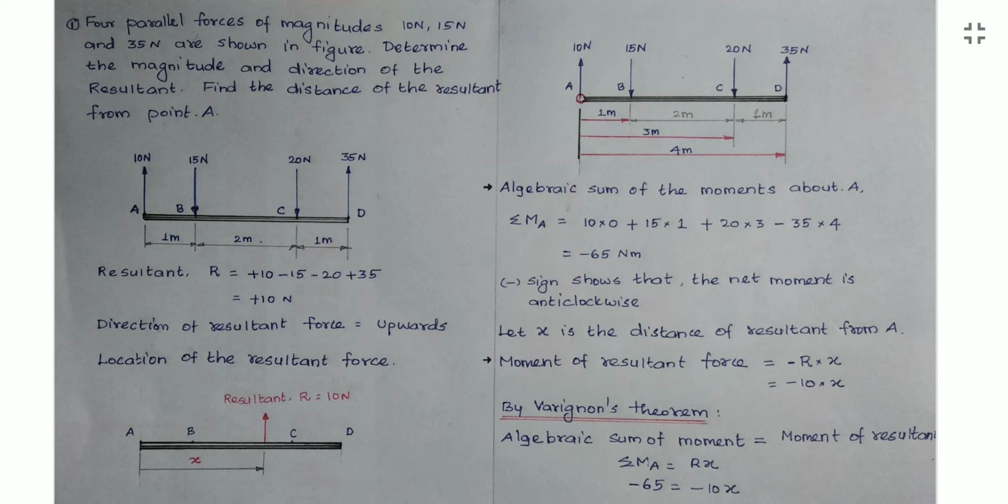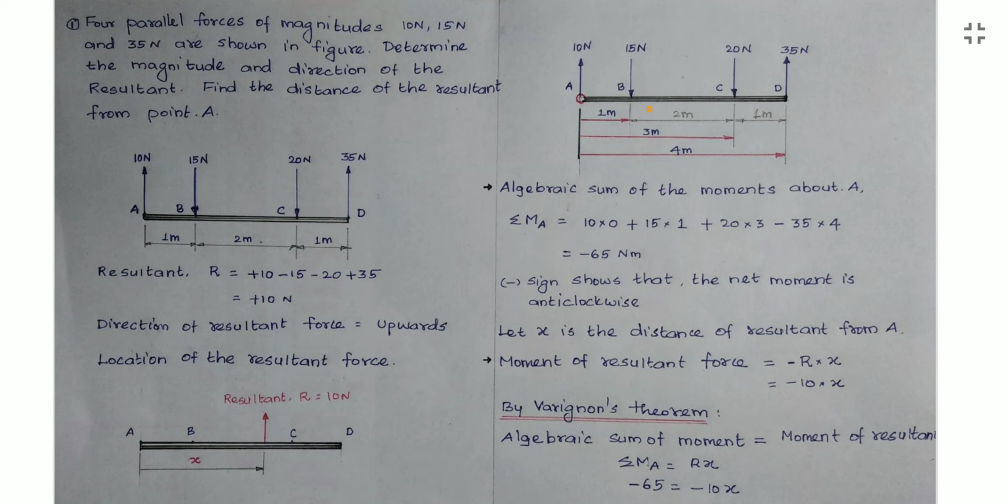Then consider the 10 Newton force. The bar is hinged at A, and this 10 Newton force is also acting at the point A. Does this force rotate the body? This 10 Newton force cannot rotate the body, because it is fixed at A, and pulling or pushing at that point will not give any rotation.